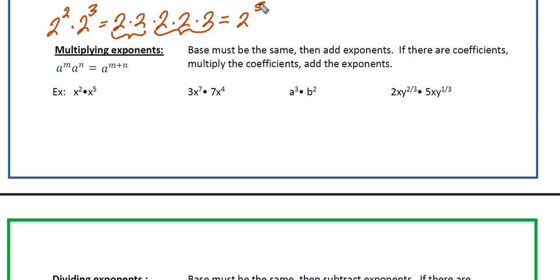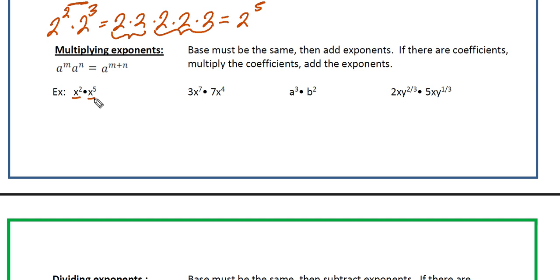Now we can see what we're doing there. To get this new expression, we're just adding those exponents. As long as the base is the same, we can just add the exponents, and this is called the product rule. Product because these two powers are multiplying by each other. So we have x squared times x to the 5th.